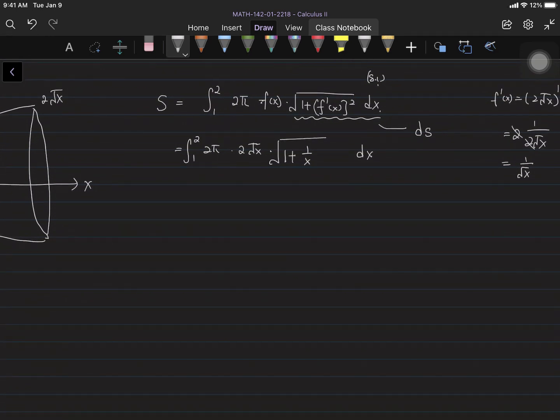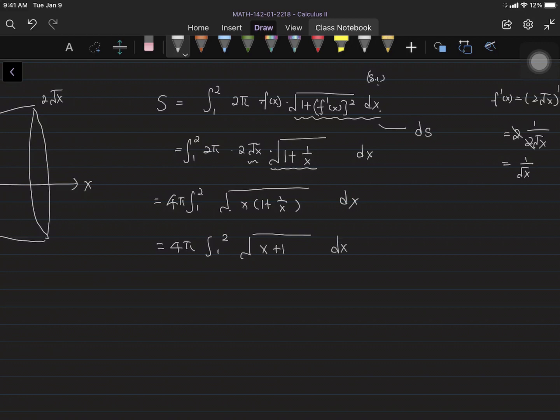Firstly, we want to simplify, combining those two terms together. Because they both have the square root, we can just put them into one square root. Here it should be 4 pi, which I'm going to take to the front because it's just a constant. Now, 4 pi, the square root of x times 1 plus 1 over x, dx, and simplify: square root of x plus 1.